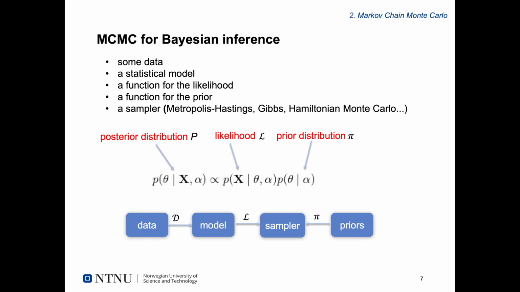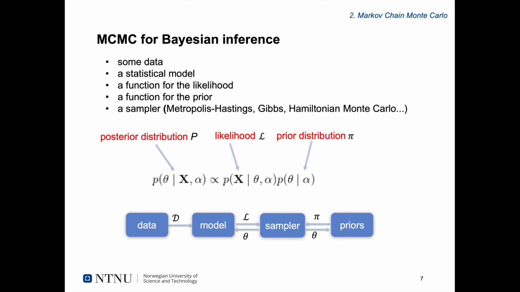Here, I have a diagram showing the process of Bayesian inference with MCMC. So we have data and the parameter theta to construct a statistical model. Then we define a likelihood function from the model, and we have a prior distribution for our parameter theta. We feed our likelihood and prior with an initial value of theta into the sampler.